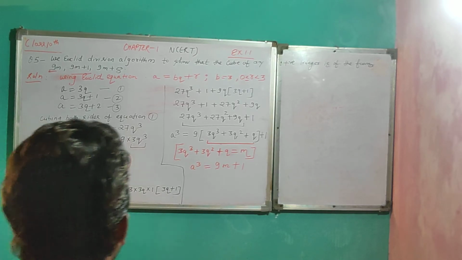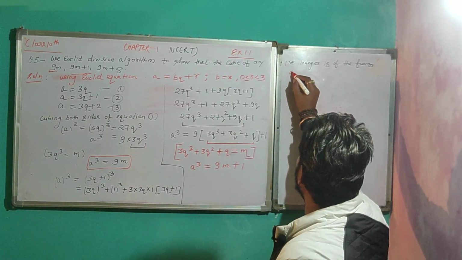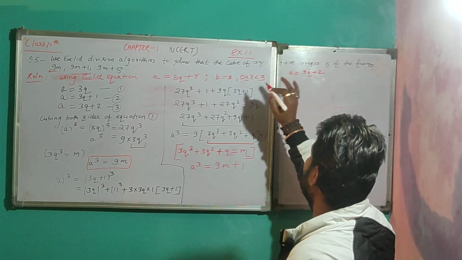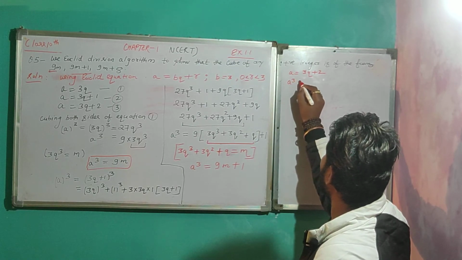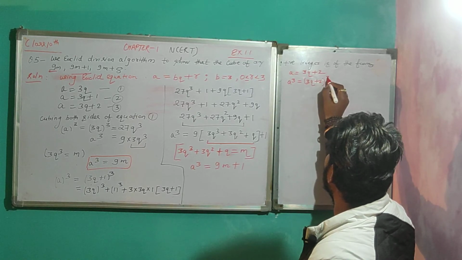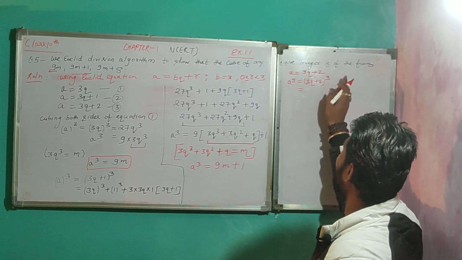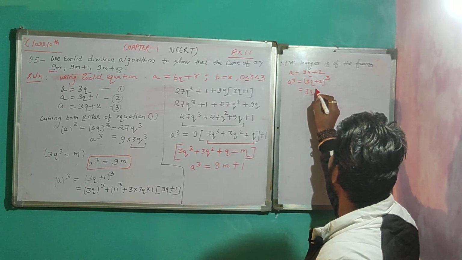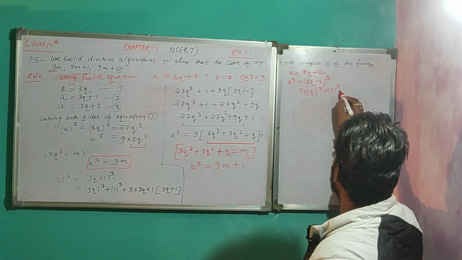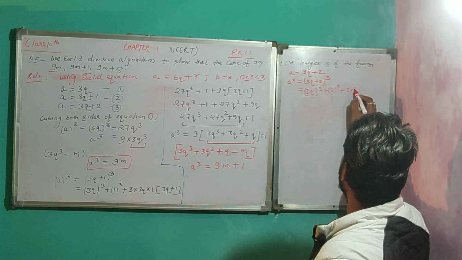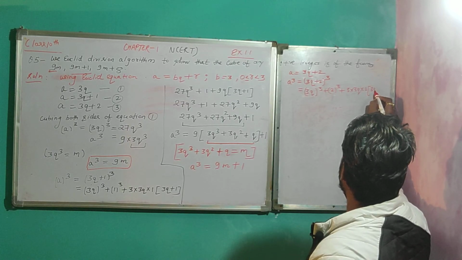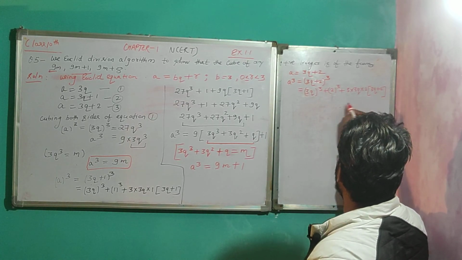Now, a is equal to 3q plus 2. Cubing both sides, we get a cube is equal to (3q + 2) whole cube. Similarly, (a + b) whole cube, we can write a cube plus b cube plus 3ab bracket a plus b.